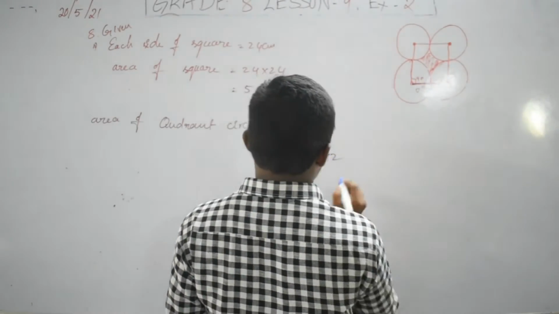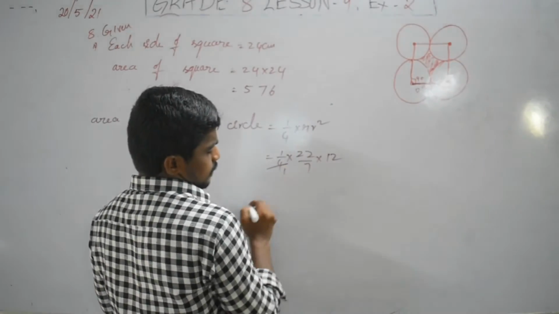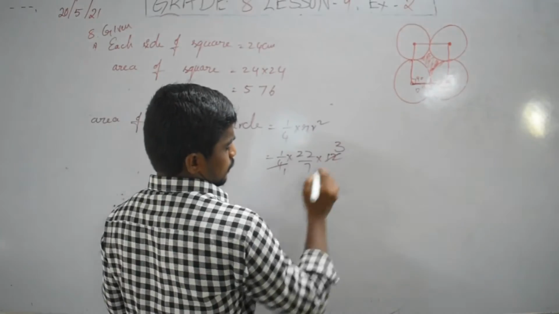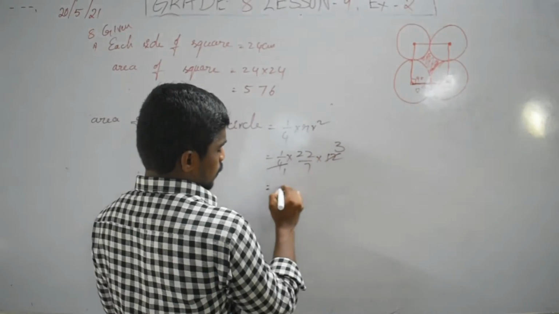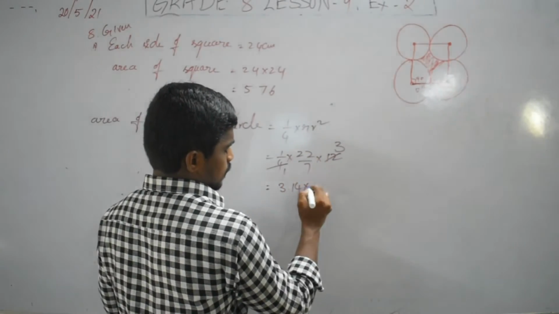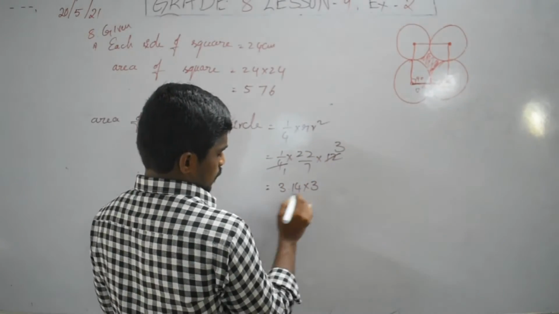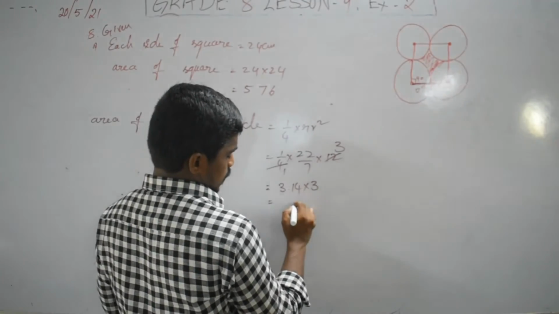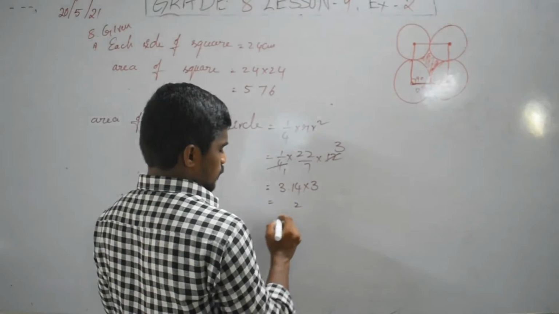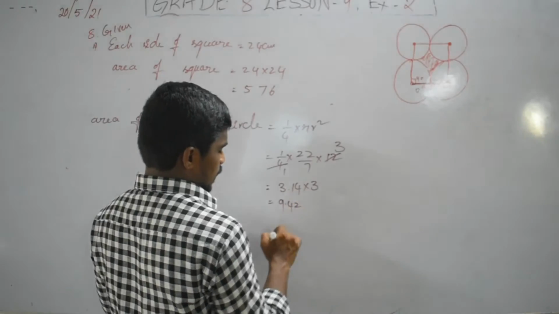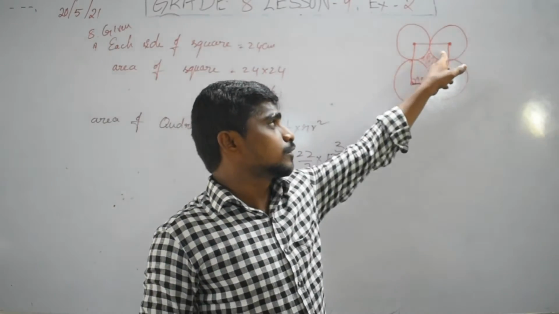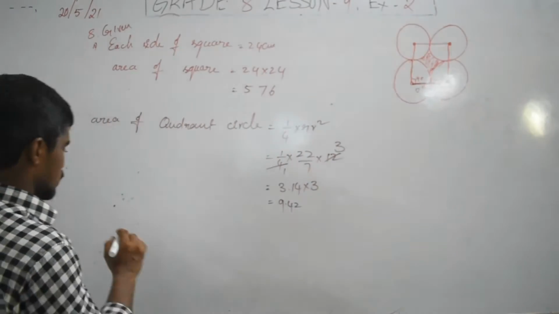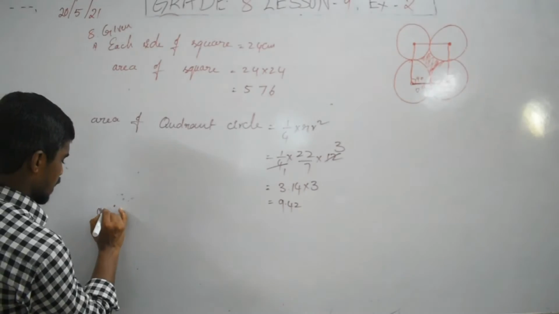So 12 squared. We take the value 3.14. There are how many given? 1, 2, 3, 4.